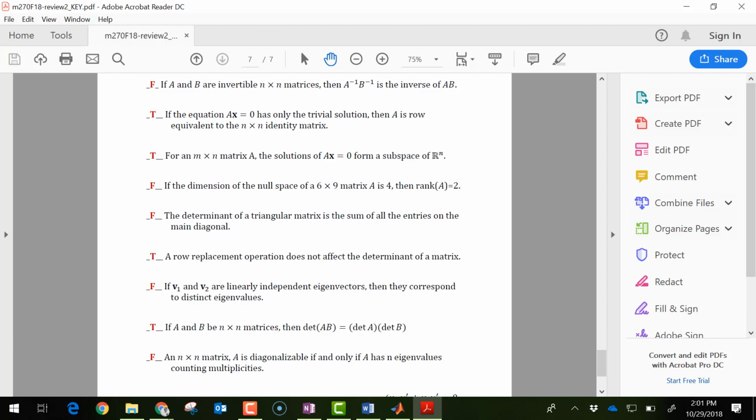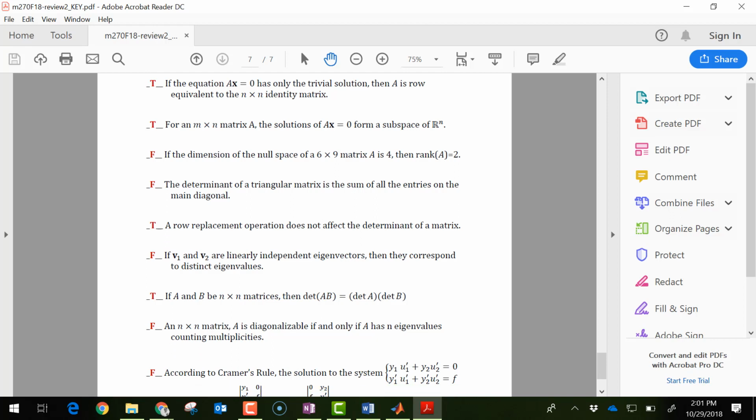That's one of the first theorems that we learned in determinants. An n by n matrix A is diagonalizable if and only if A has n eigenvalues counting multiplicity. Not necessarily.